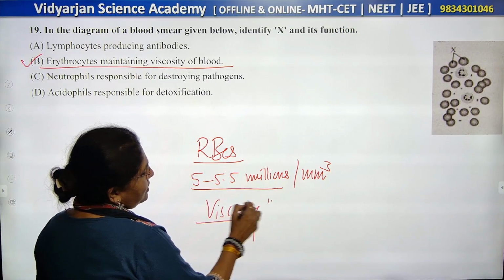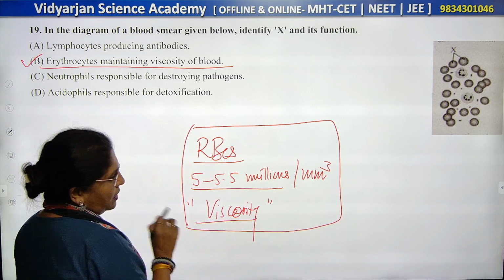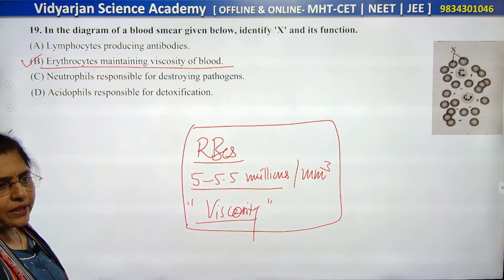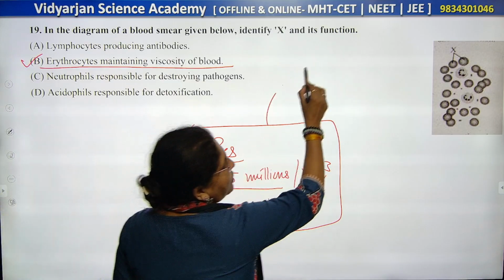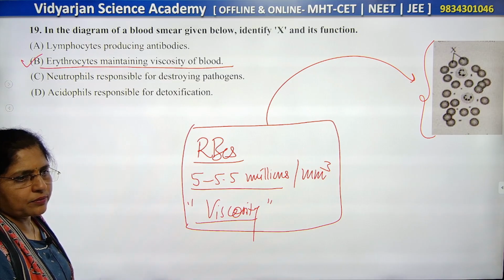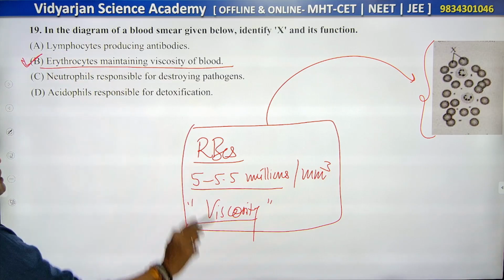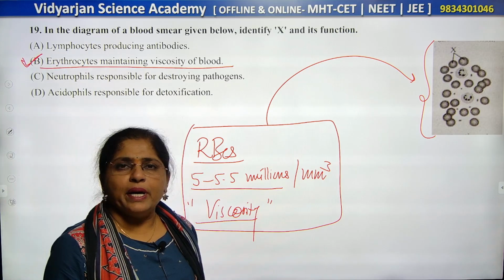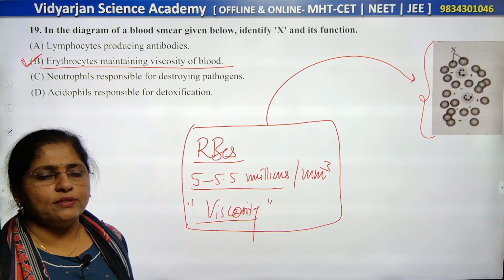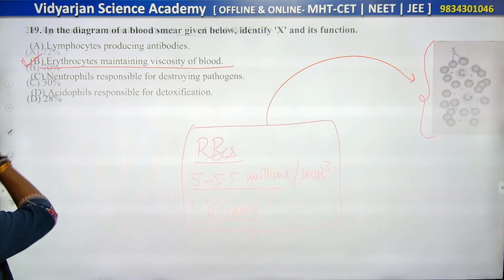Viscosity is there due to concentration. Remember this. This is the perfect answer. You can see how many RBCs you are getting here. So your answer is erythrocytes maintaining the viscosity of the blood. Got it? So this is the correct answer. So let us go for the next question.